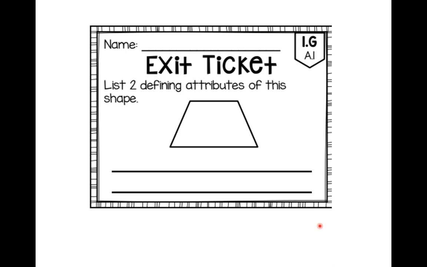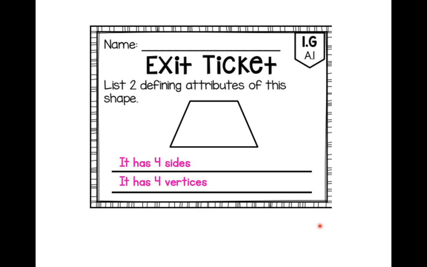I just want you to think about two defining attributes of this shape. Do you remember what we talked about? What are defining attributes of shapes? Couple more seconds. Two defining attributes of this shape.